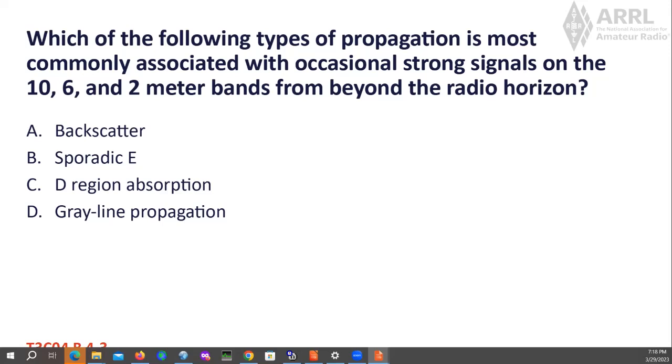Right at spring and fall, the equinoxes, the gray line is pretty much straight up and down, but it's curved due to the fact that the North Pole is in darkness during our summer, and the South Pole is in darkness during our winter, and the gray line moves considerably during that period of time. It's easier to get into Asia in the summer because of this.